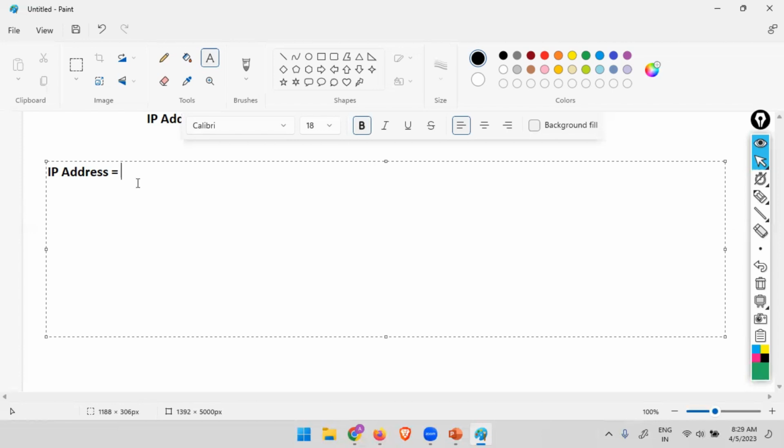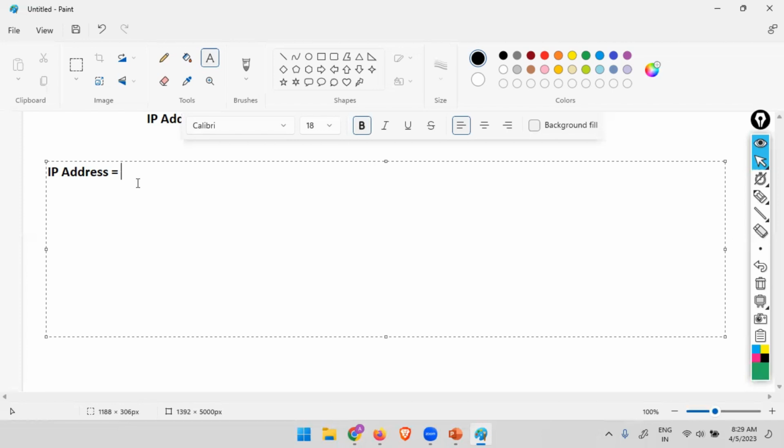Then, when we want to discuss more, we will say it is a 32-bit address, it has 4 octets, these many bits are there in each octet, and these many addresses are there. That is the different part. But at least for what is an IP address, we cannot go with the size or number of addresses or the classes.